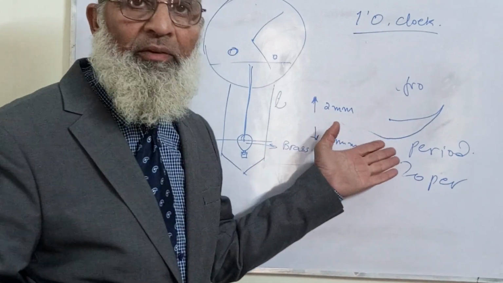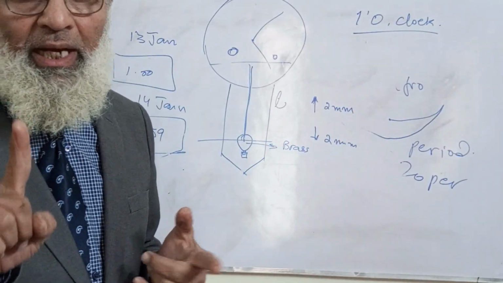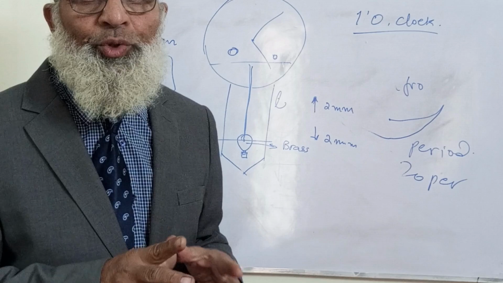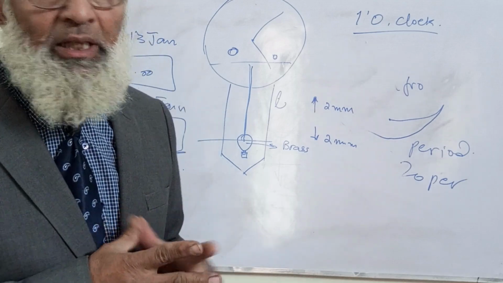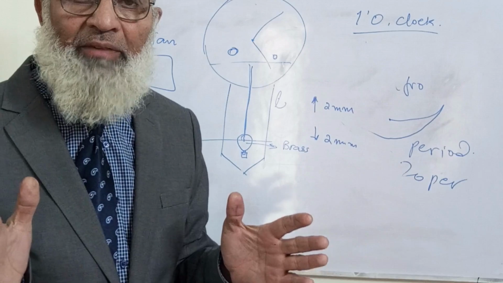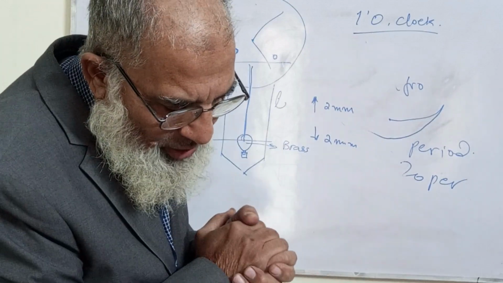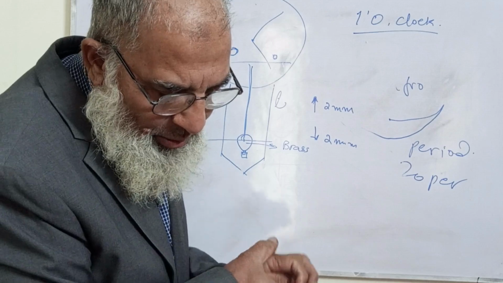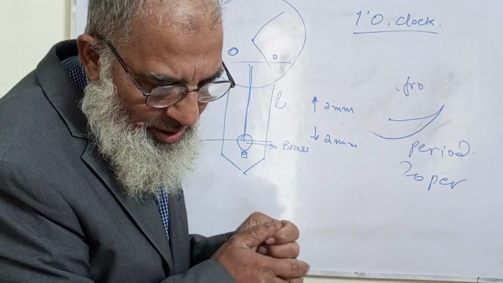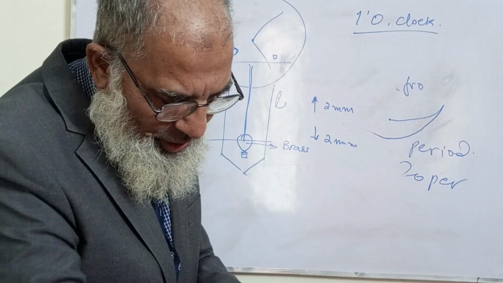So with one oscillation I cannot take an accurate reading. So 20 oscillations are taken to get the average, and 1 by 20 will be your result. Make a copy of the table for each length of pendulum, calculate the time for each oscillation. So these are the practical questions, so we need not do it.